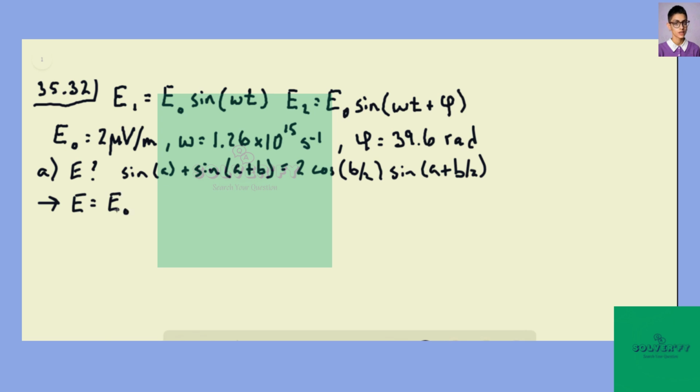So everything is just multiplied by an E naught. So we have a cosine of the phase difference divided by 2. And then the sine of the same time dependence, and with a phase of phi over 2.